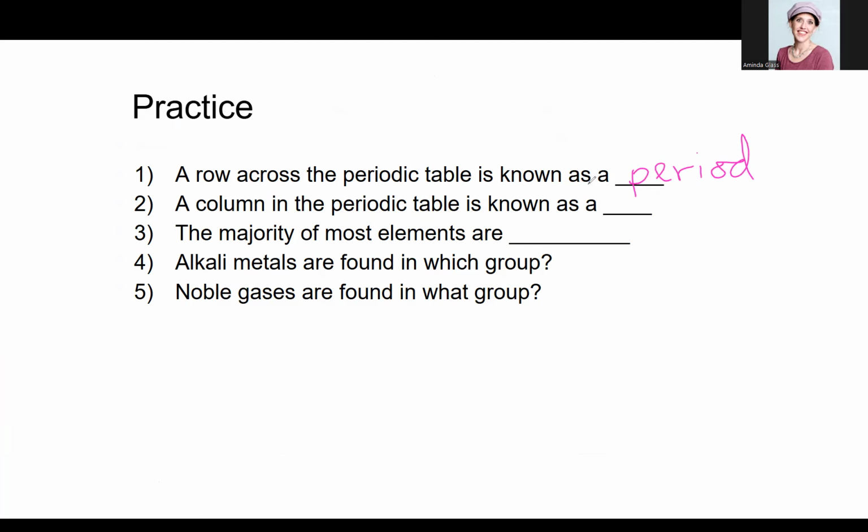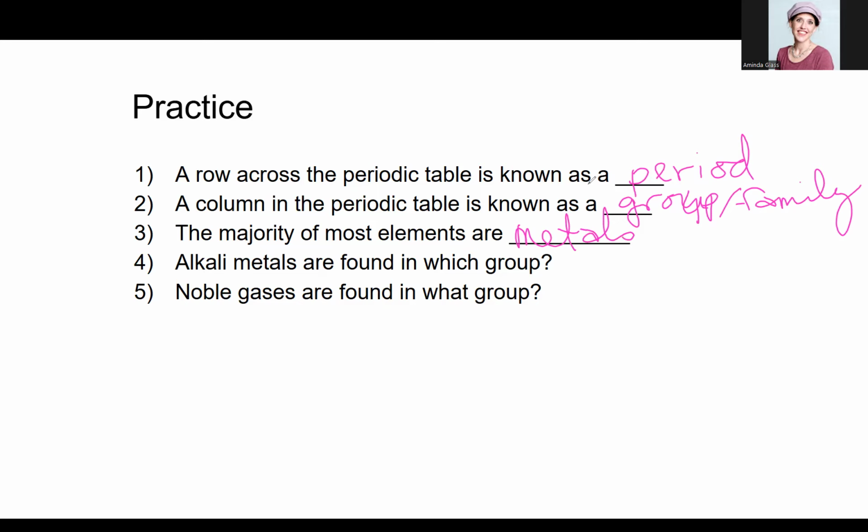A column in the periodic table is known as a group, or a family. Remember, everything in a group or a family has similar characteristics. The majority of elements are metals.